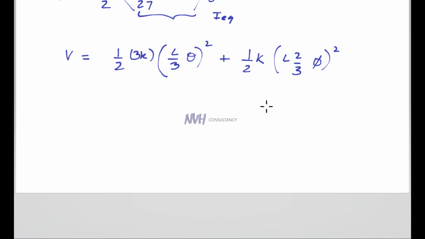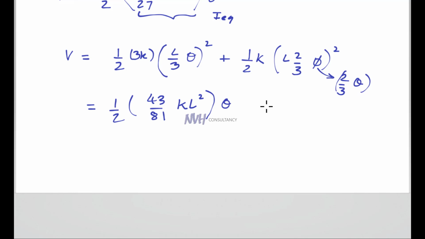So again replace phi by 2 by 3 theta. This can be replaced for consistency's sake with 2 by 3 theta, and ultimately what you will get is 1 by 2 times 43 by 81 k L square times theta square.